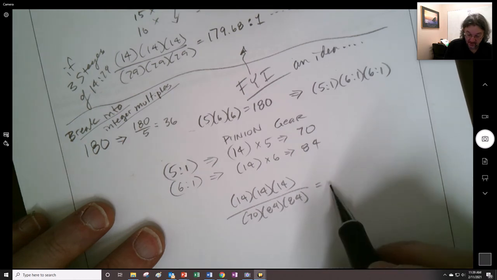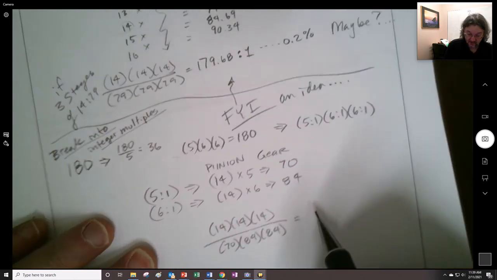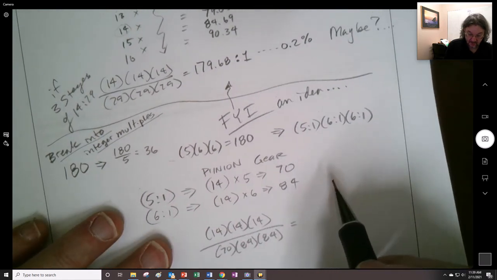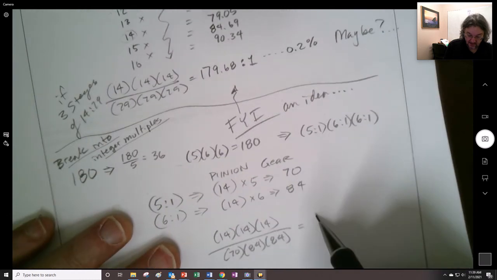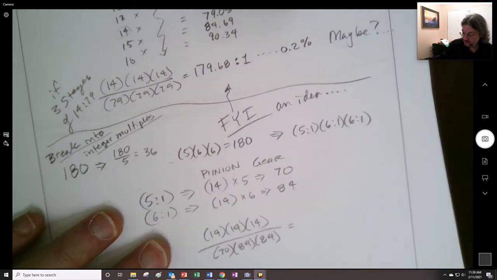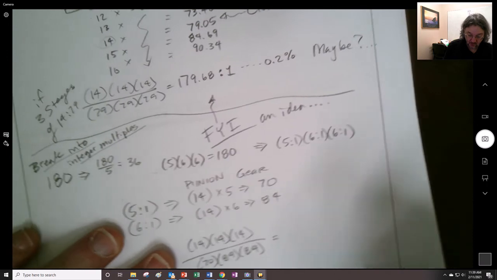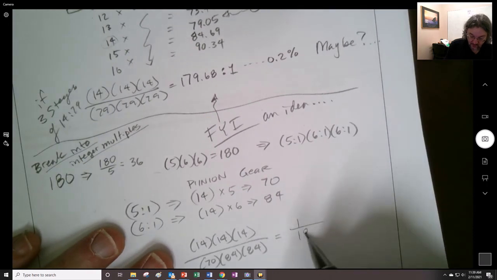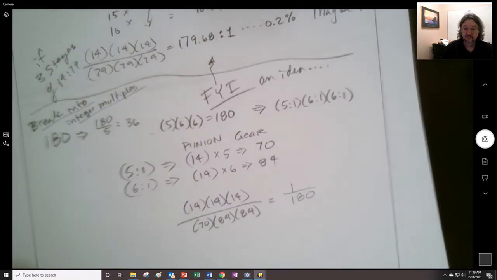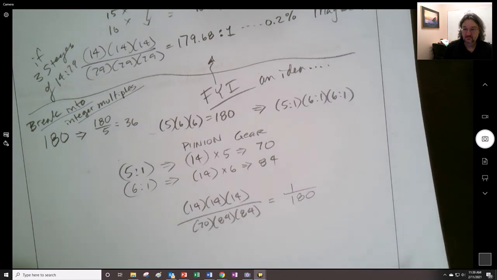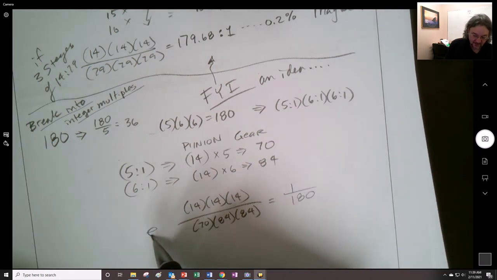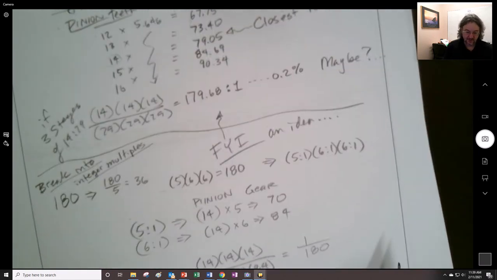I believe what we're going to end up with is a gear train that is actually 1 over 180. That would be the gear train value.